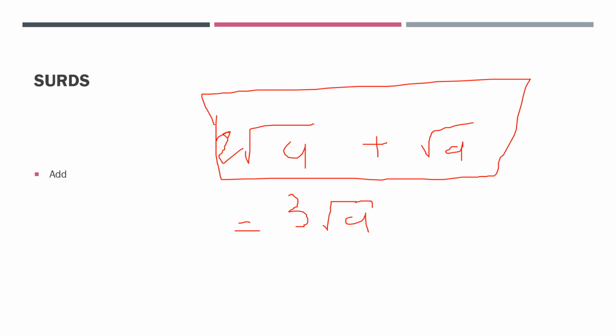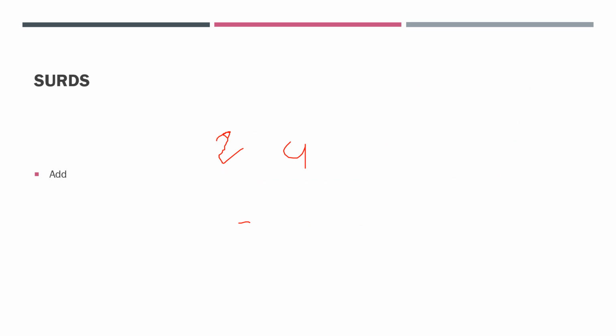Now let's make a practical example. Let's say we are given the square root of 8 plus the square root of 32.